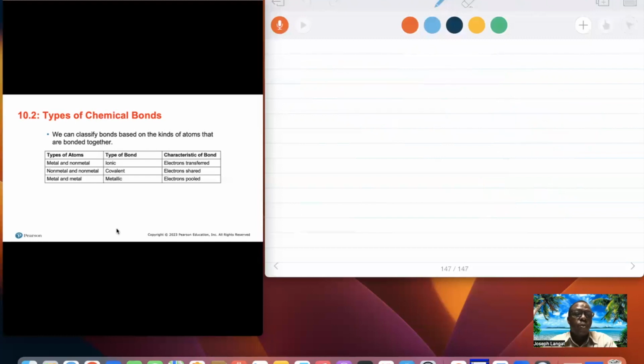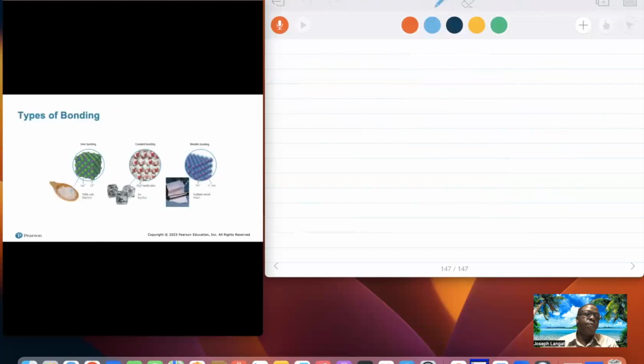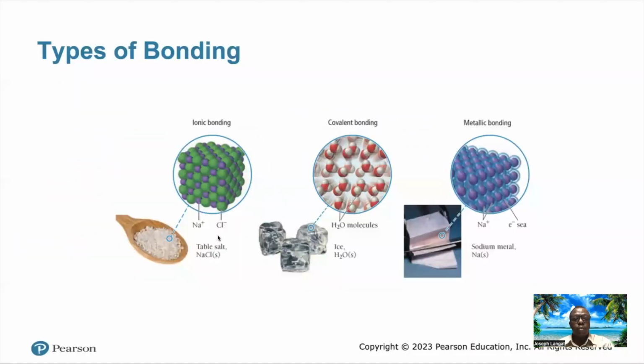So you can study on your own and make your own notes on these three types of bond. Here is an example of each: sodium chloride, ionic bonding; water molecule, covalent bonding, sharing of electrons; and metallic bonding, just ions in a sea of electrons.